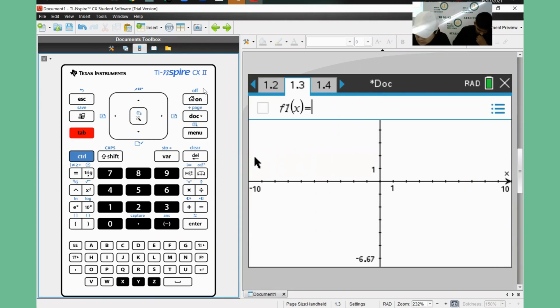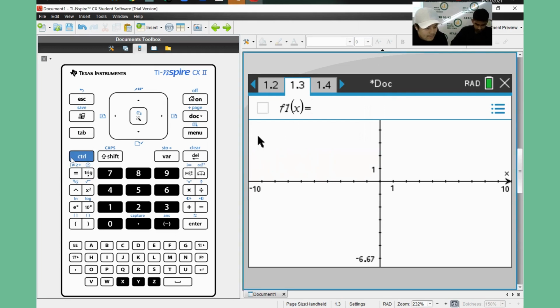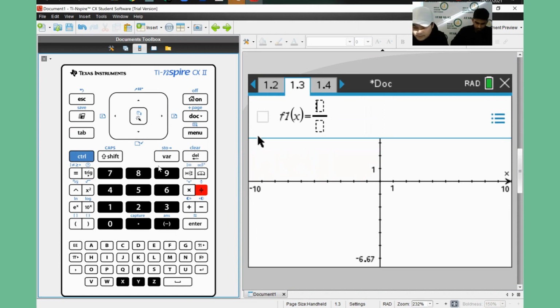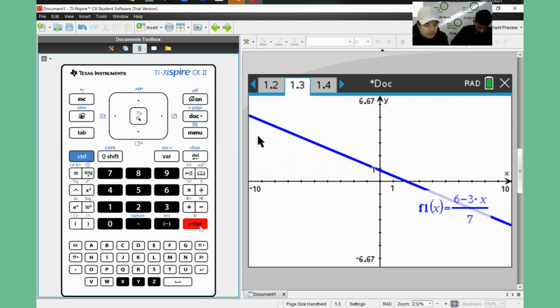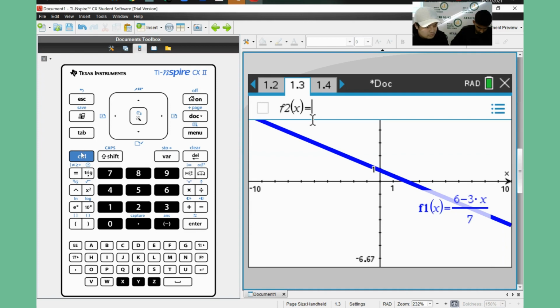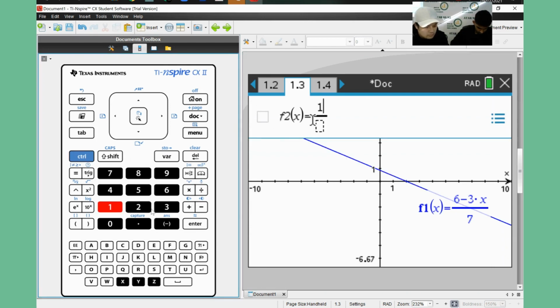So which means you go 6, control fraction, you got 6 minus 3x over 7, enter 1, align, and then tag another one: 12 minus 4x divided by 6.